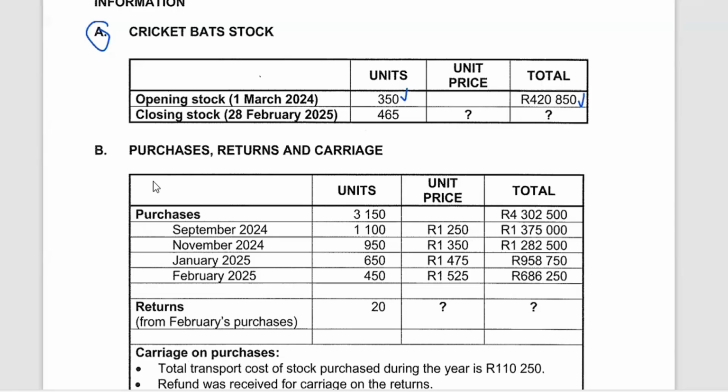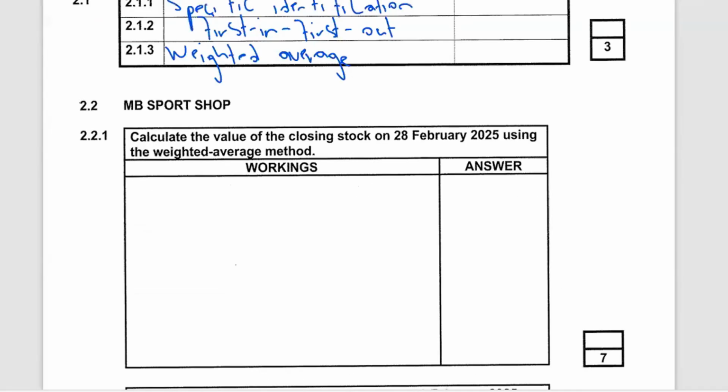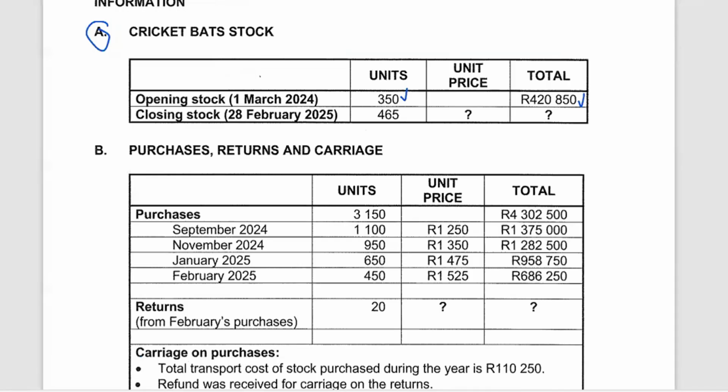What is the formula of calculating the weighted average price? We're going to say our total value of our stock divided by the number of units. So we have our opening stock, which is 420,850. Then we have our purchases, which is 4,302,500.